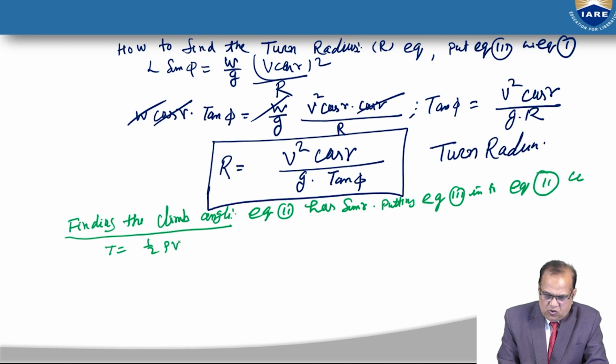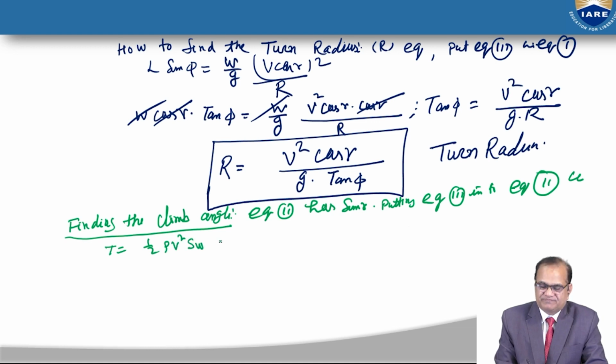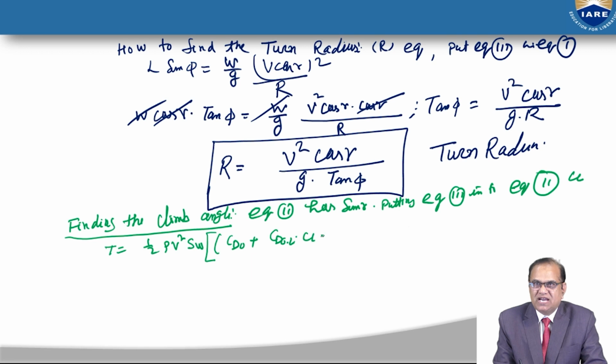half rho V square SW in bracket CD naught plus CD naught L into CL plus CL square, divided by half rho V square SW cos of phi.